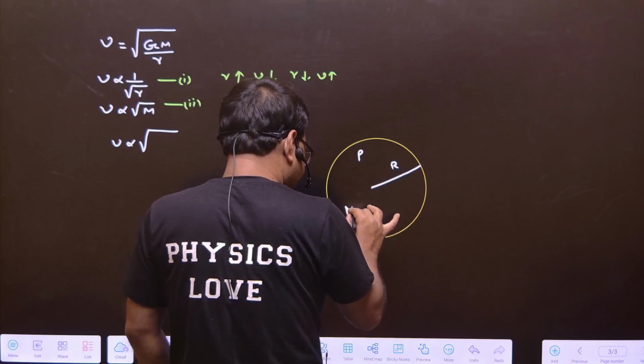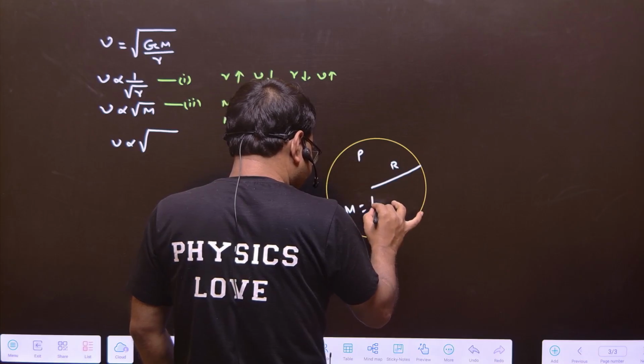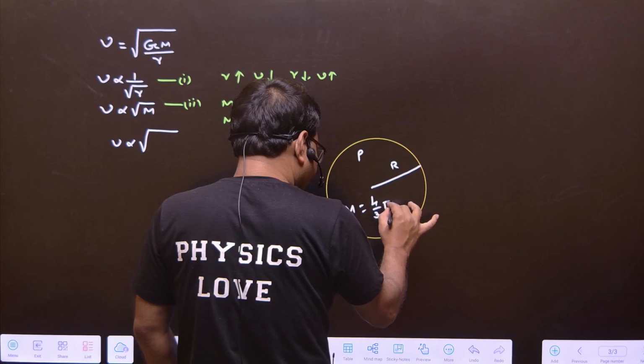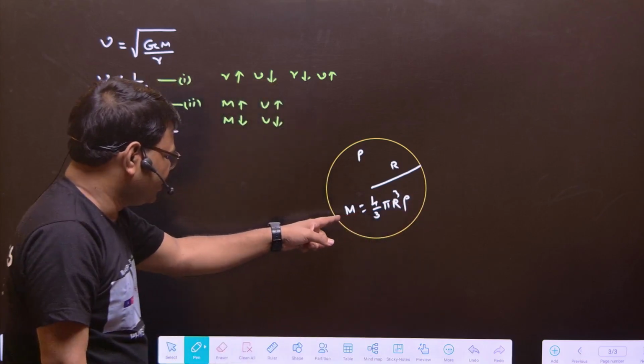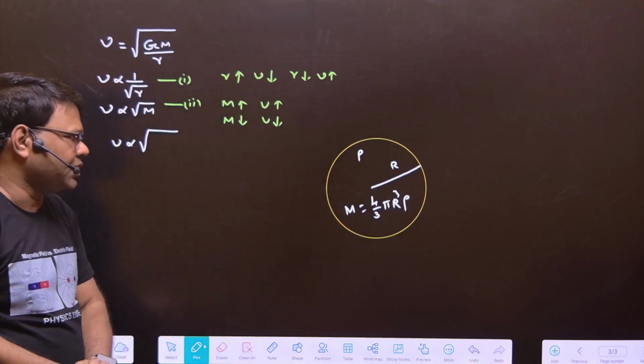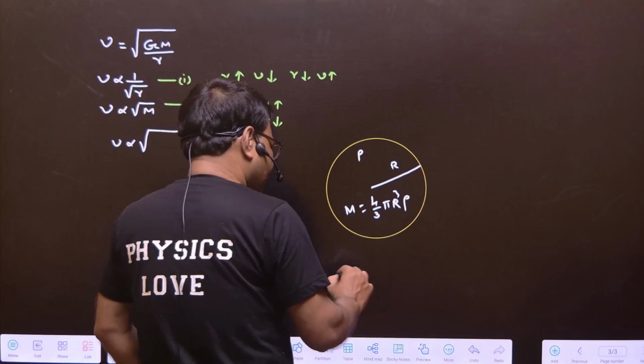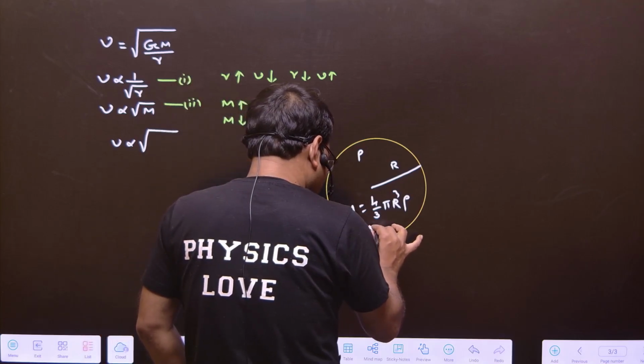So what is the mass? Volume into density. Solid sphere volume is 4 by 3 pi R cube, into density rho. Volume into density is the mass of the earth.